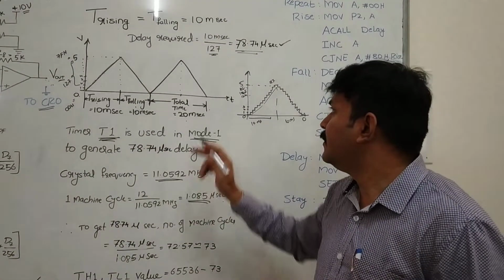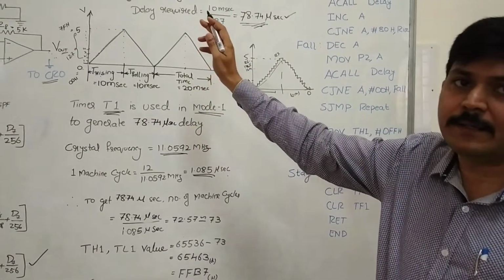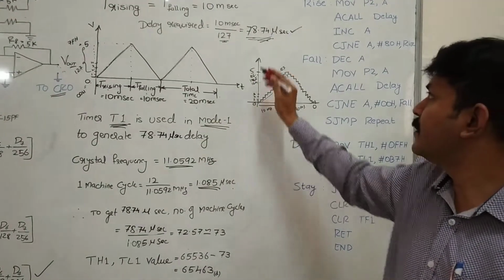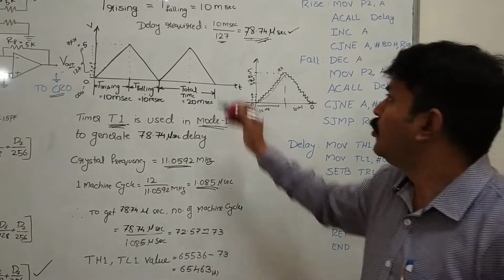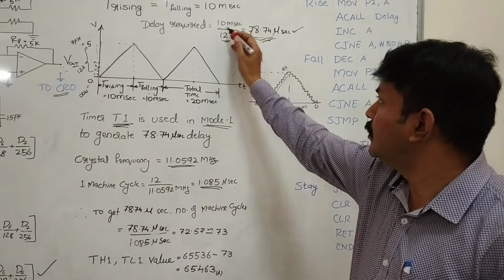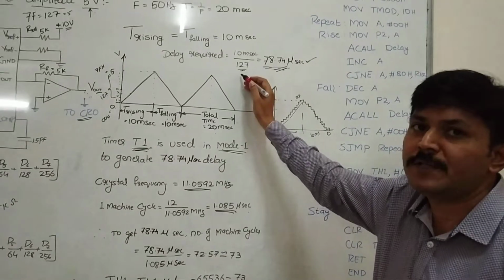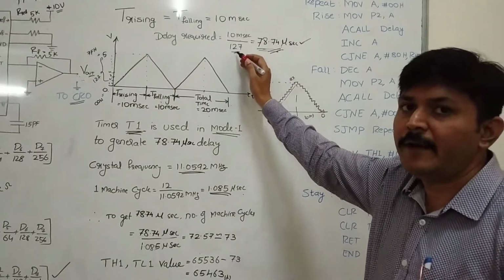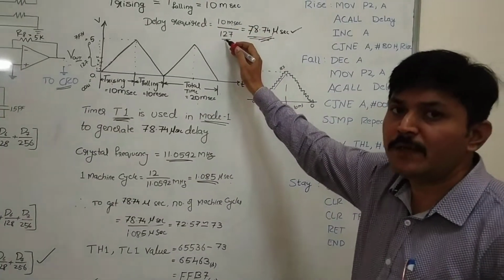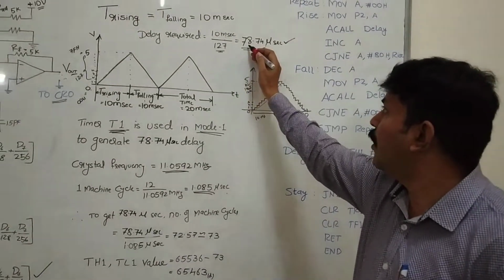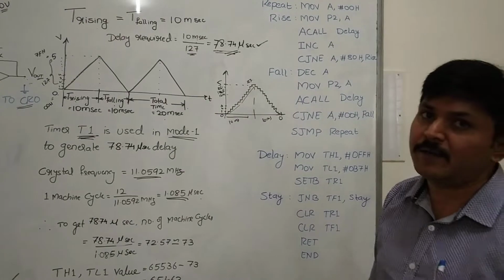And this is the delay which I got in order to rise and fall the edges: 78.74 microseconds. When I divide the total time required for the rising edge or falling edge, this 10 milliseconds, by 127 voltage levels, I require a delay of 78.74 microseconds.